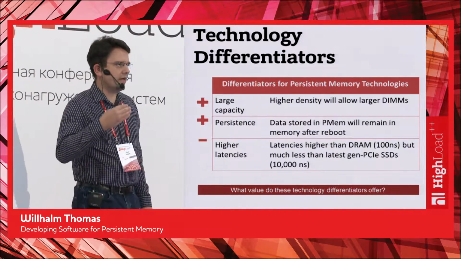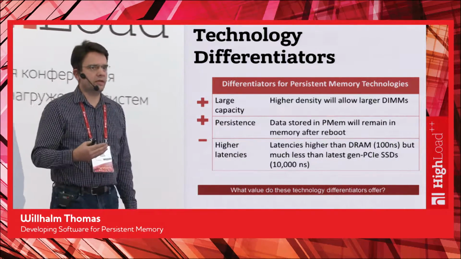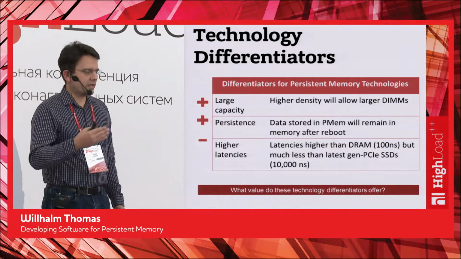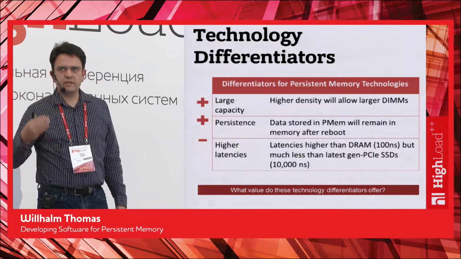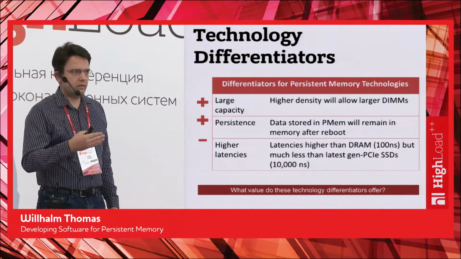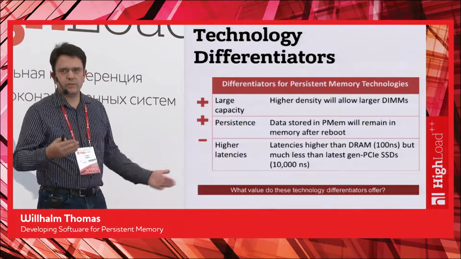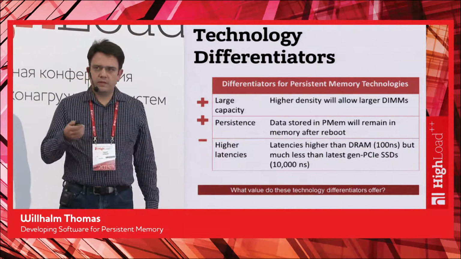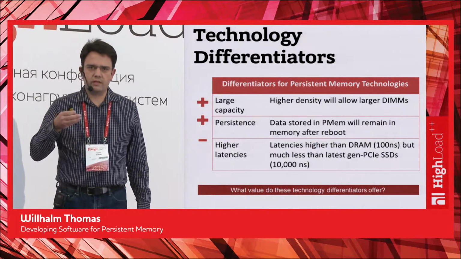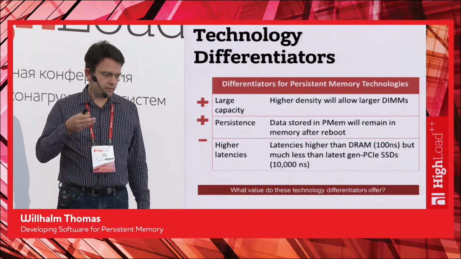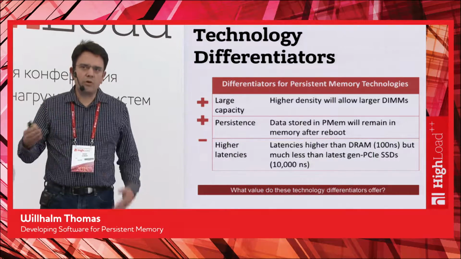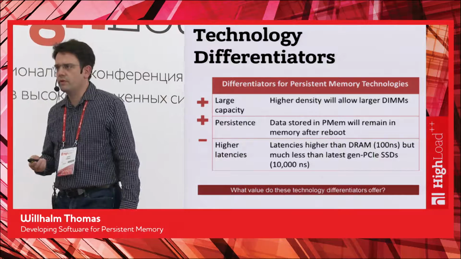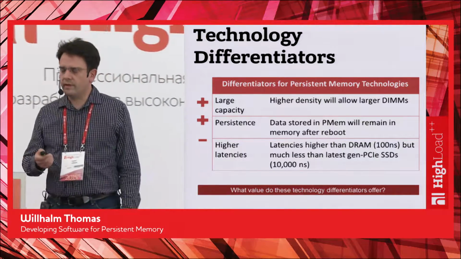Just because when you're accessing it through the memory channels, the latency will be much better than an SSD, and it will be slightly slower than the DRAM, but the same order of magnitude. So you can program against it just like you program against your normal DRAM.